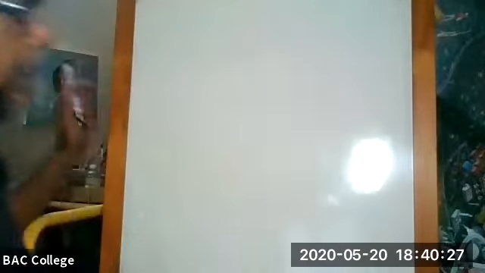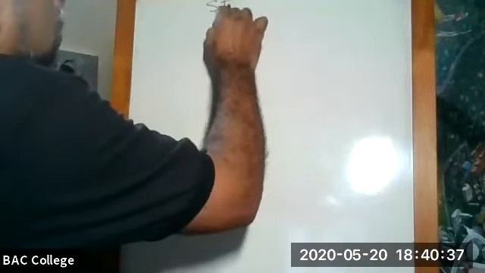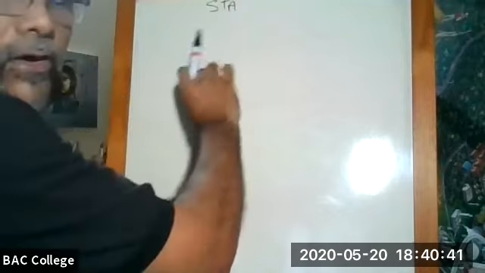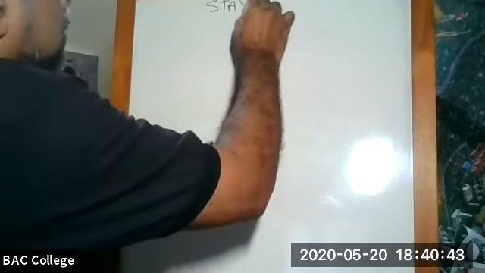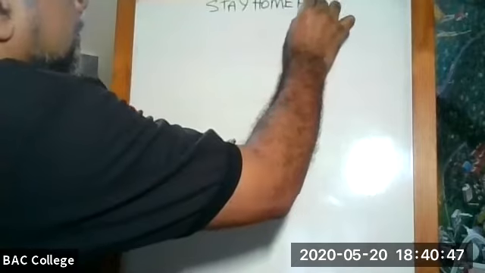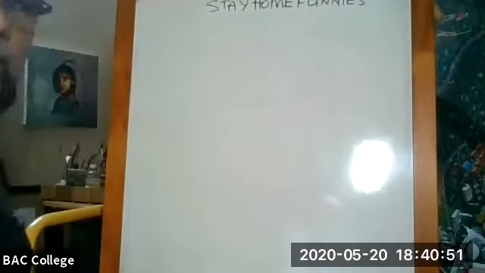This character is between a husband and wife. And I'm going to call this stay home funnies. Sorry, got the spelling wrong. Okay, so I'm going to call this stay home funnies.